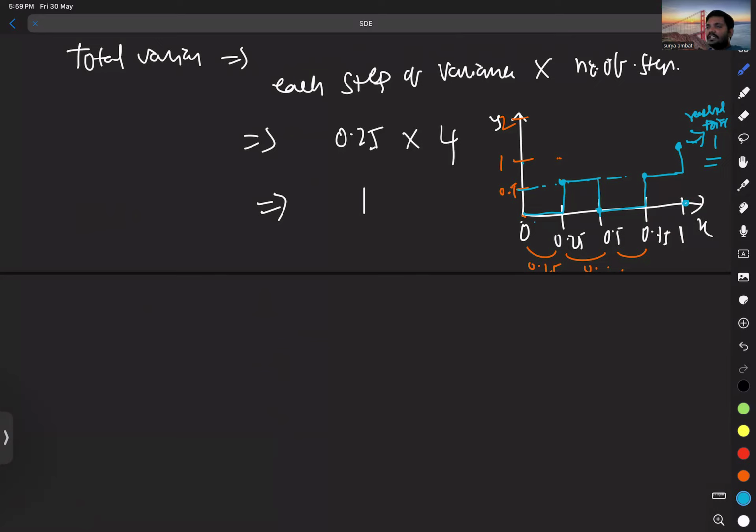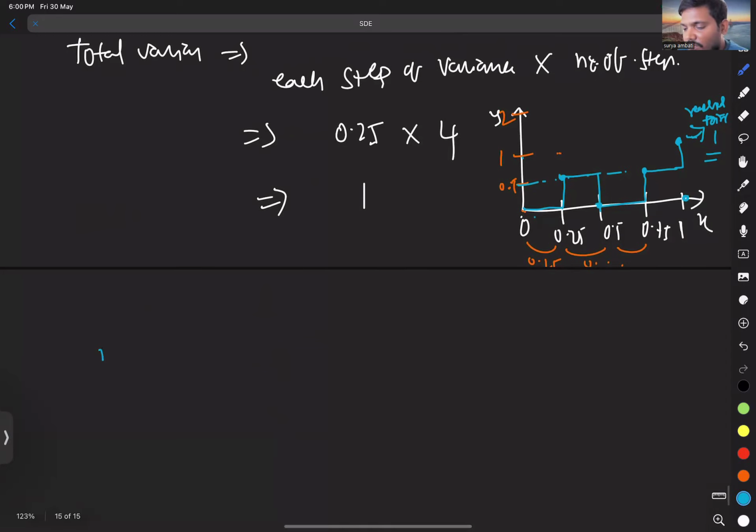For that, what we have to do is, in this example, for example purposes, I just took 4 steps, but for continuous purposes, n reaches infinity.